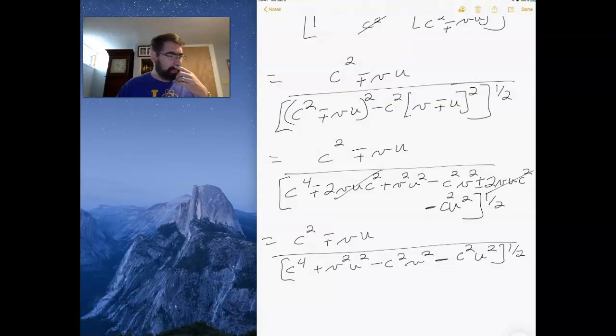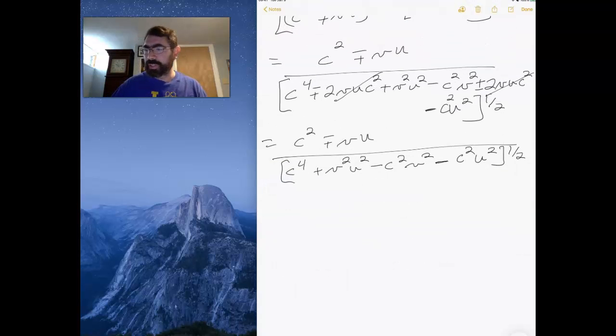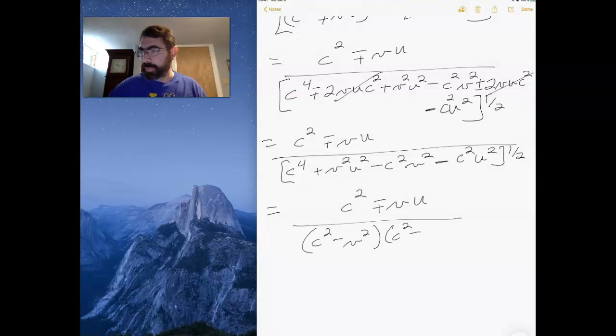Okay. So it turns out that this denominator you can factor, and so what you get is c squared minus v squared, quantity c squared minus u squared, all of that taken to the square root.